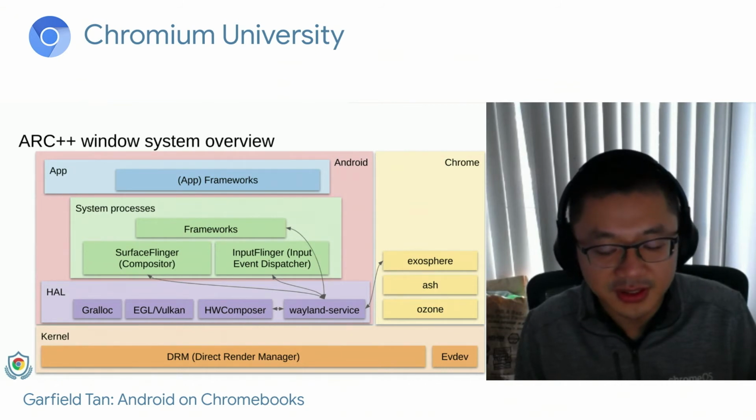But in the previous slide, the input dispatcher in Android gets the event from evdev directly. But we changed it so that it's actually passed through the Wayland service. So is the compositor. We actually swap the graphic buffer with Exosphere in Chrome instead of it talking to the kernel directly.